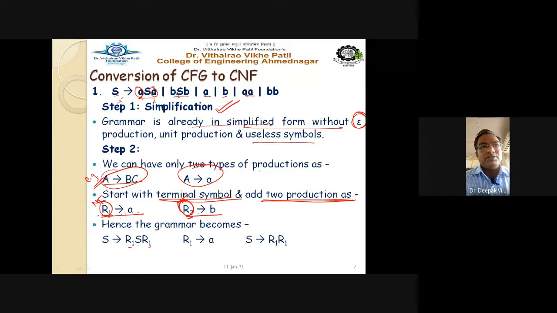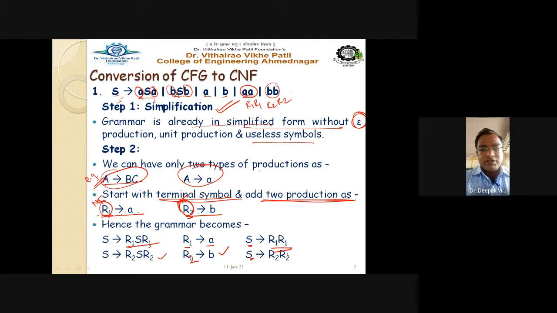Then S becomes R1 R1, because the double a is replaced by R1 R1. And bSb is replaced by R2 S R2. Then R1 gives a, R2 gives b, and for bb, S becomes R2 R2. Getting this point?